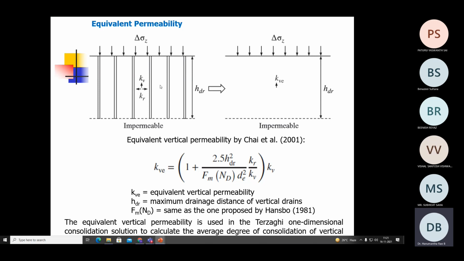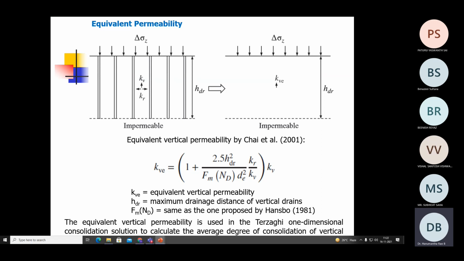Here you can see, in reality there is the horizontal permeability and there is a vertical permeability of the soil. But if I take the equivalent permeability, it is the combination of the horizontal and vertical, because I am considering this entire thing as a single monolithic block. It is no more individual blocks.